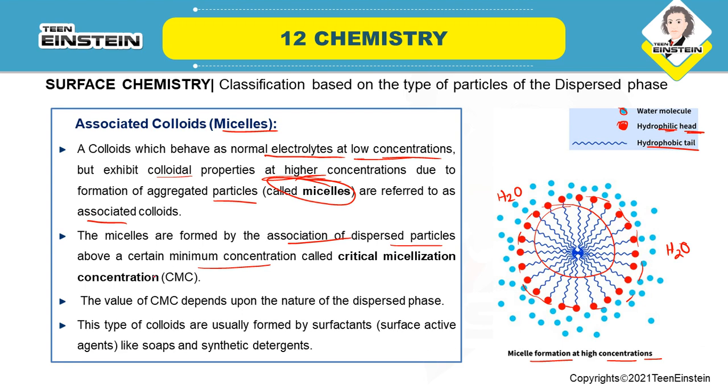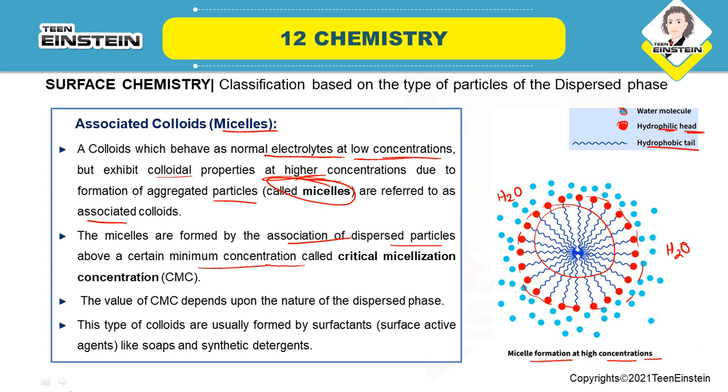So this minimum concentration below which you cannot get micelle, above which you can get it. So the micelle are formed by association of dispersed particles above a certain minimum concentration, and this concentration is known as critical micellization concentration, in short CMC.